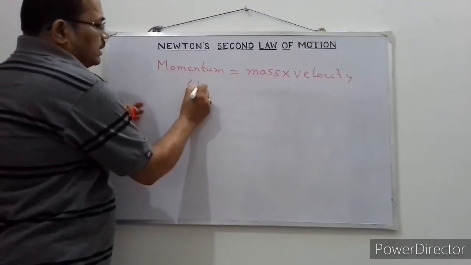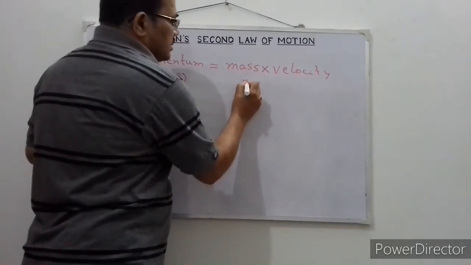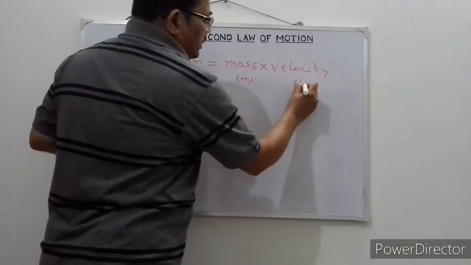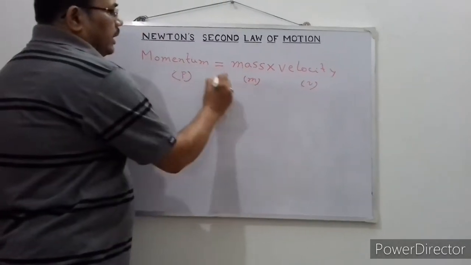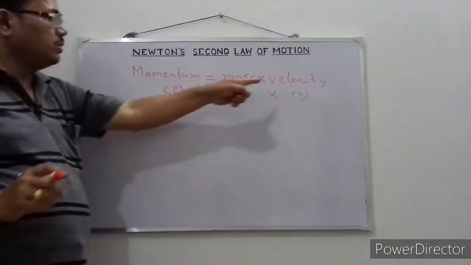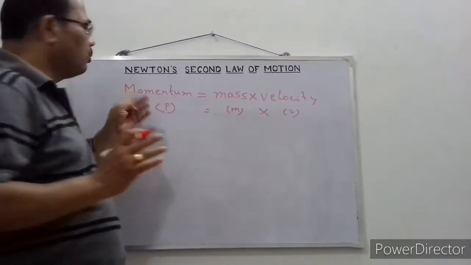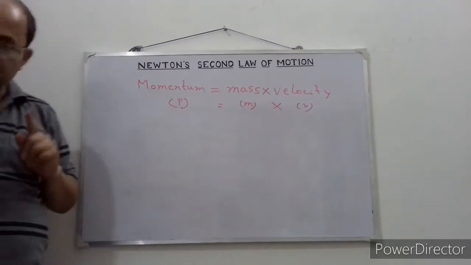This is denoted by the letter small p, and mass small m, whereas velocity v. So p equals m into v. Understood? Now velocity is a vector quantity.